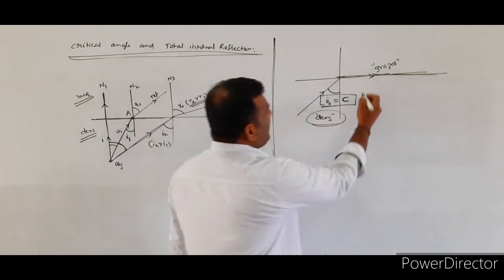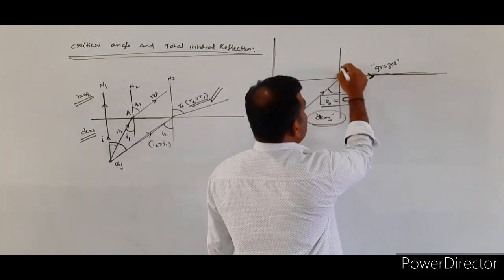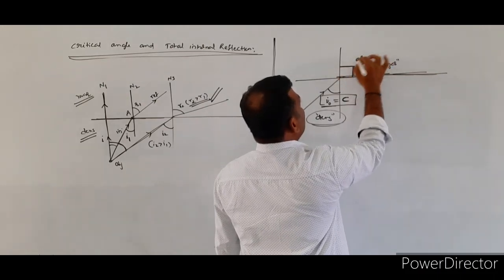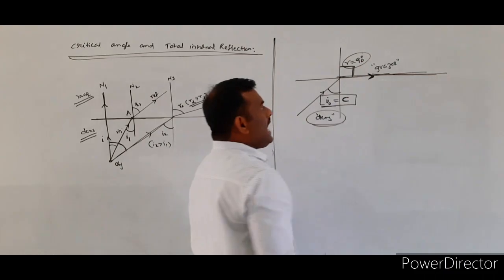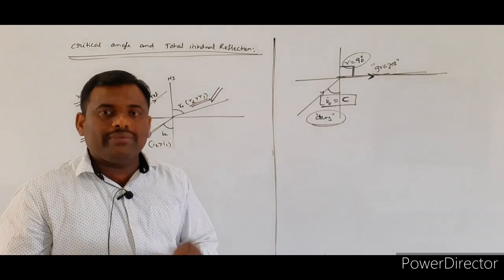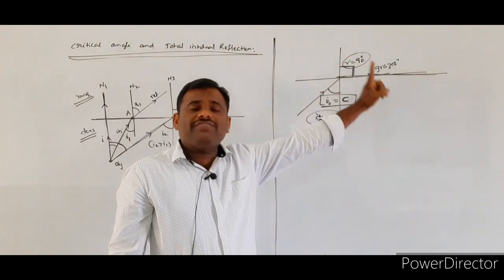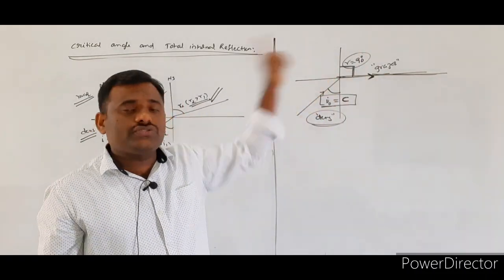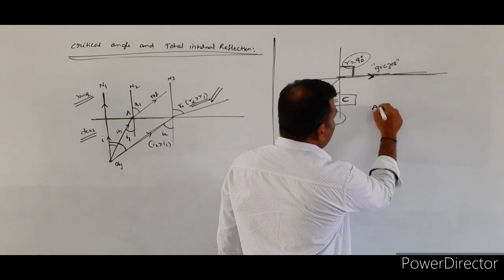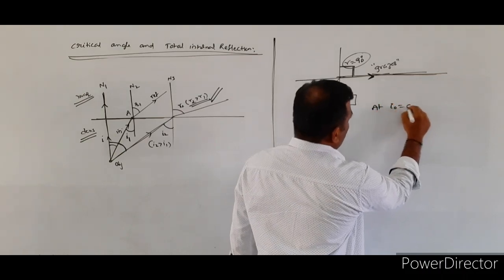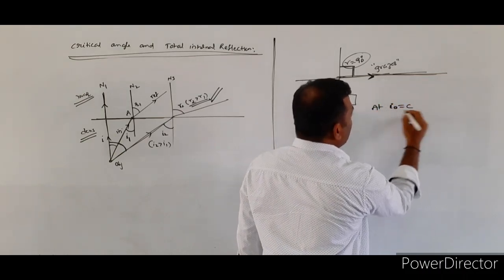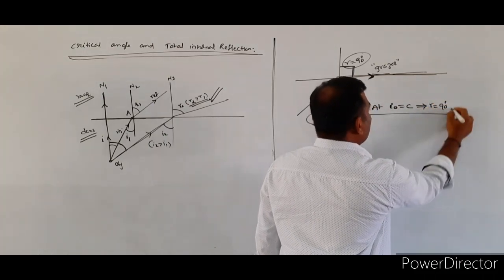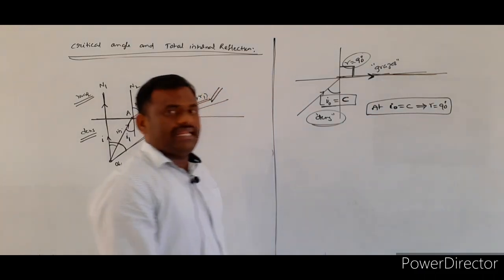Here the refracted light ray just grazes the surface, which means with respect to the normal, the angle made by the refracted light ray is nothing but 90 degrees. So at the angle of incidence I0 equal to C, the angle of refraction value is equal to 90 degrees.